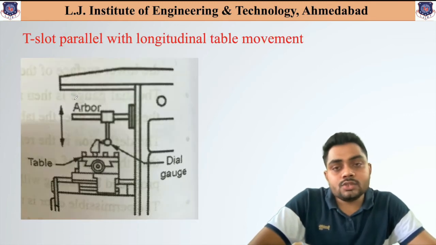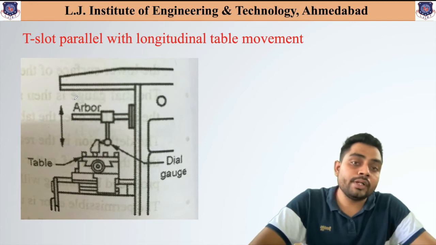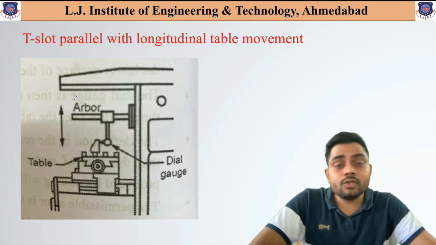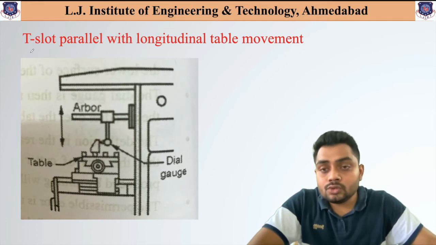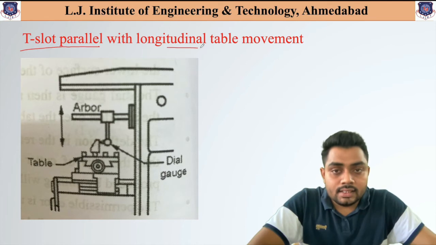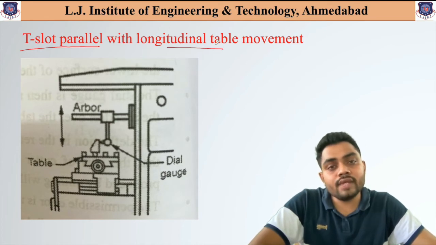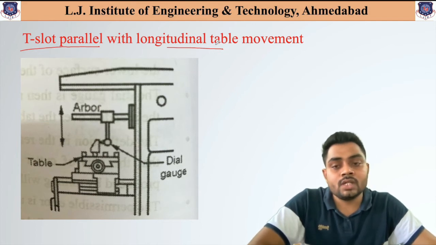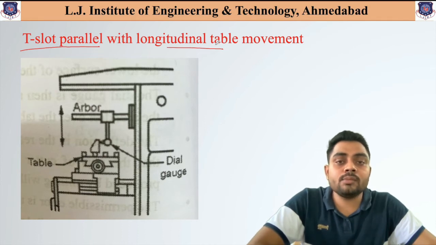Now the next one is to check whether the T-slot is parallel with the longitudinal table movement or not. What is the important thing that you need to understand here? We need to check the parallelism between the T-slot and the table. We know that the T-slots are available on the base of the machine. So we are attaching a particular clamp or a particular component on the T-slot.